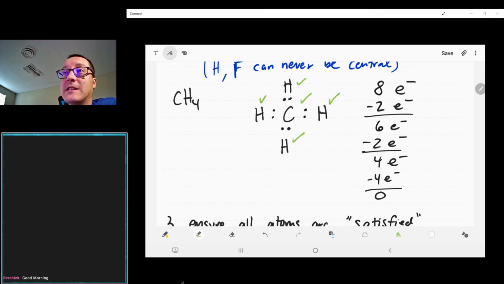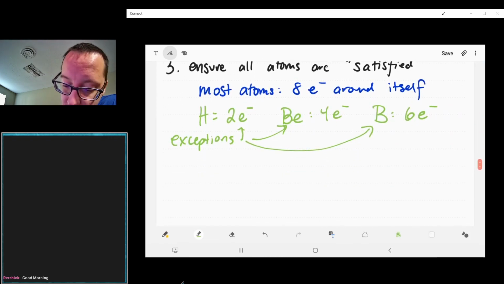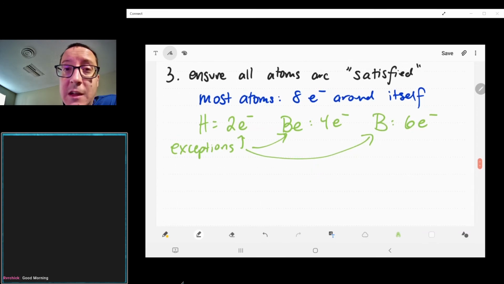All right, so that's the purpose of doing all this, is we want to make sure that all of our atoms will get to where they want to be. And most of them, again, want 8 electrons. And so we're going to see that there are a few things that we can do in step 3 if atoms are not satisfied.